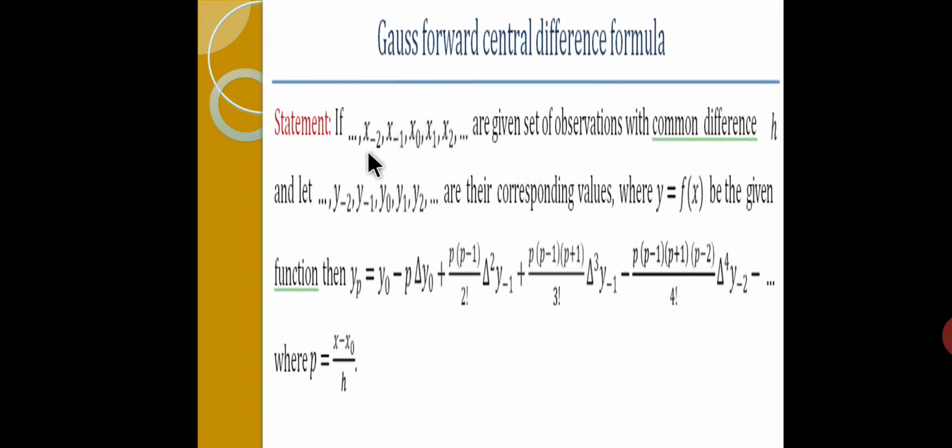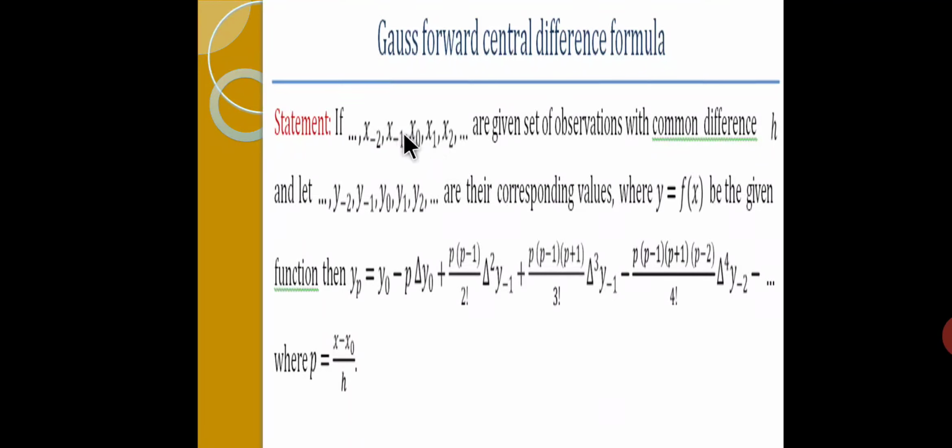So first, the statement: if x naught, x minus 2, x minus 1, x naught, so here the initial value is x naught, the values before are x minus 2 and x minus 1, and the values after are x1, x2.